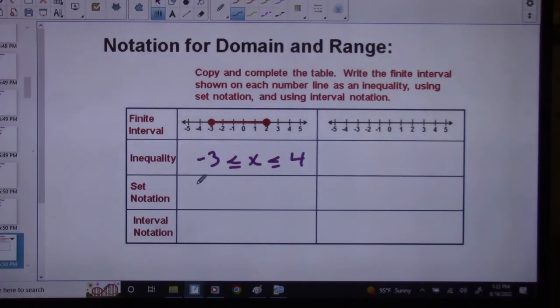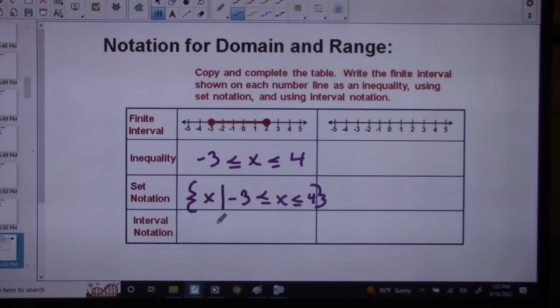And then set notation is very similar to inequality notation. So make an opening bracket like this. Then you can have x such that, okay, so very much like that.